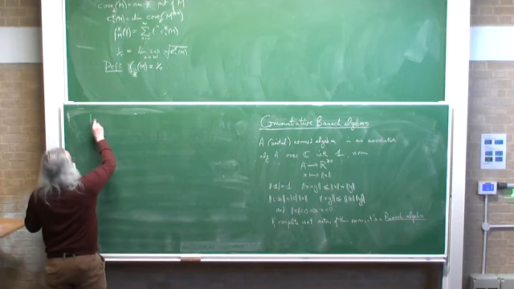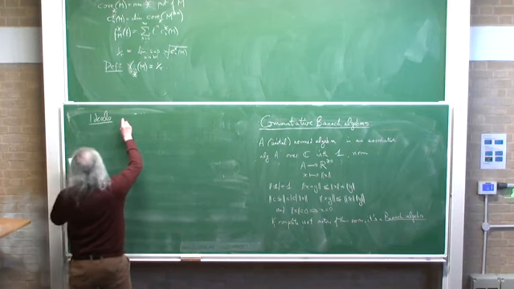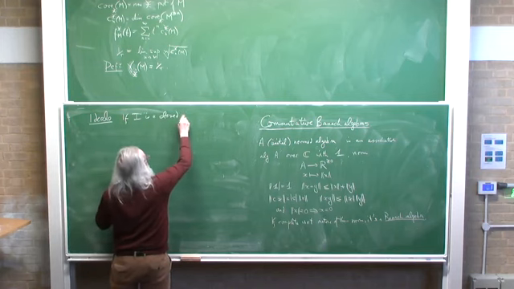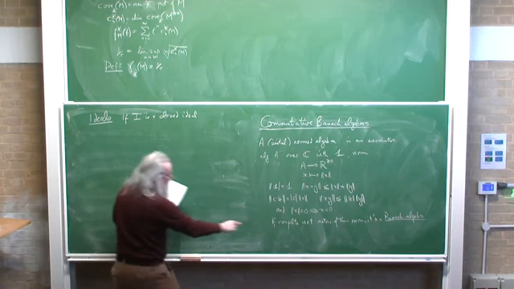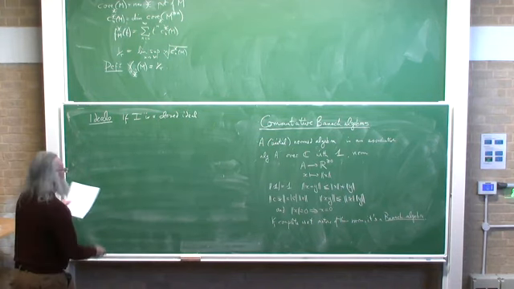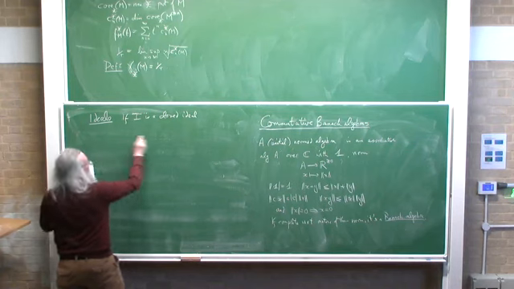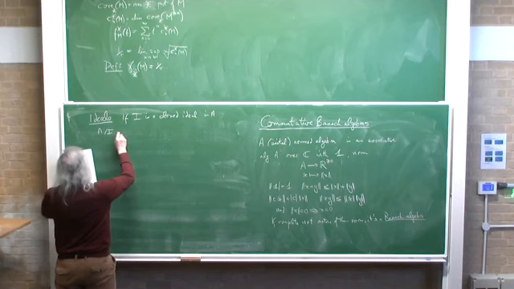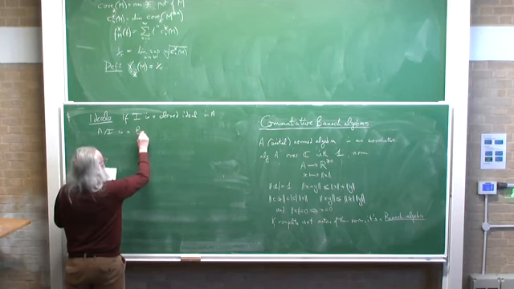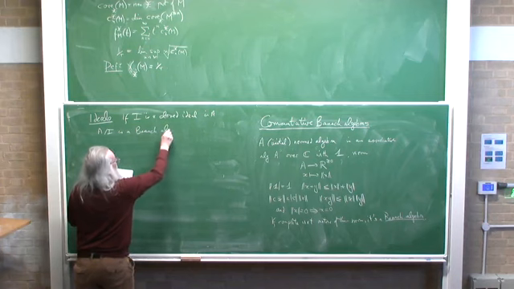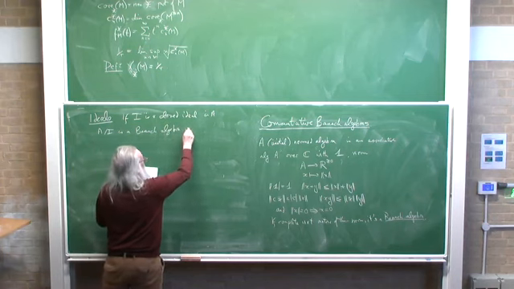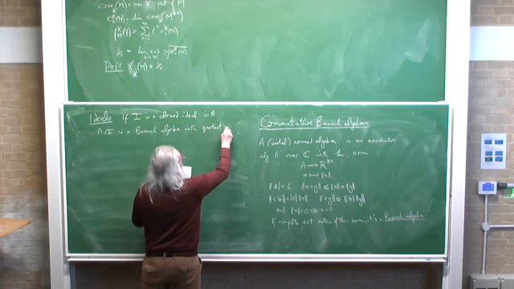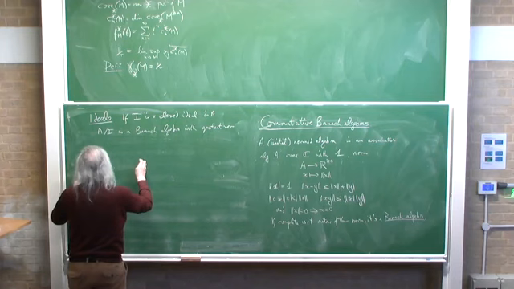So ideals. If I is a closed ideal in A, you know what closed means because you know what the metric is, then A mod I is again a Banach algebra with the quotient norm. And what is the quotient norm?